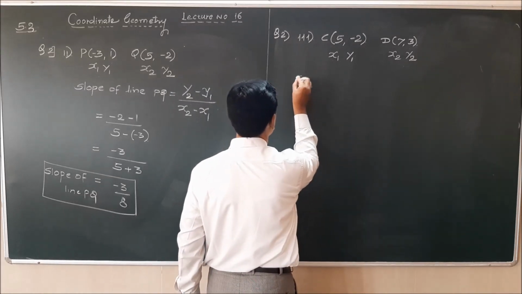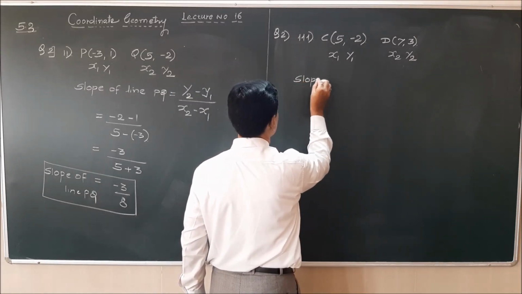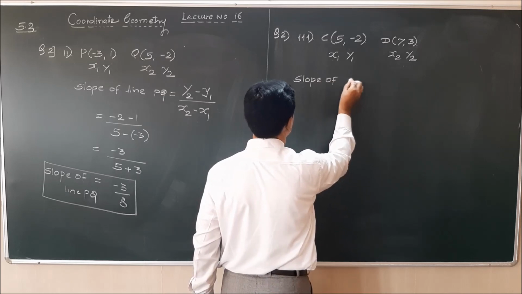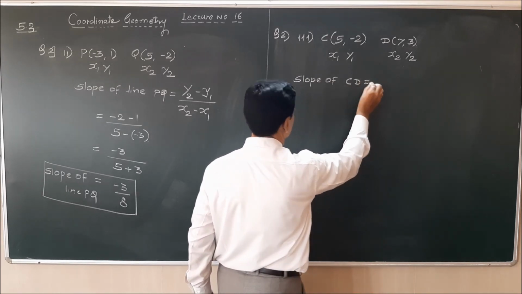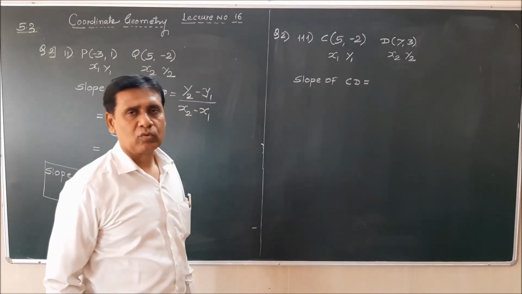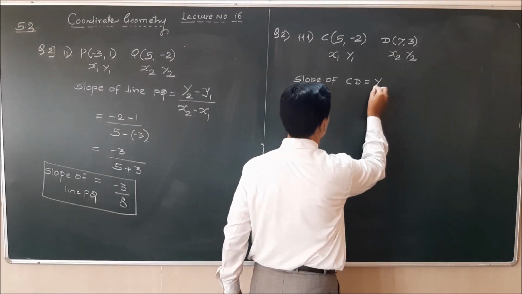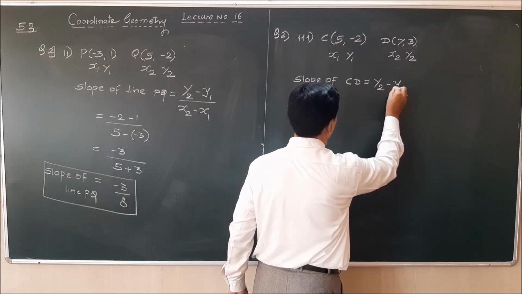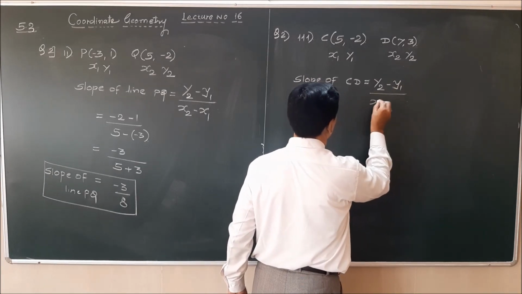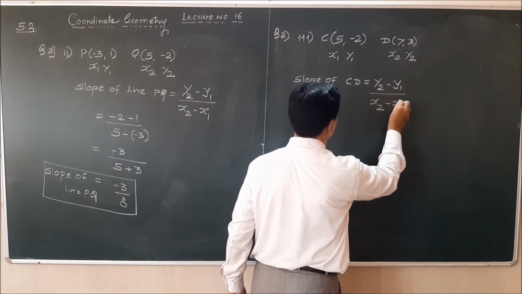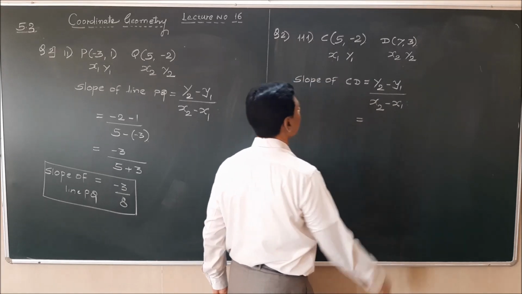So slope of CD is equal to the same formula, y2 minus y1 upon x2 minus x1. Simply substitute the values again.